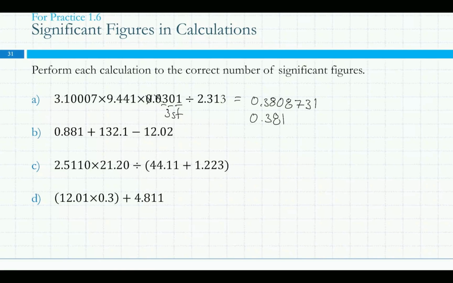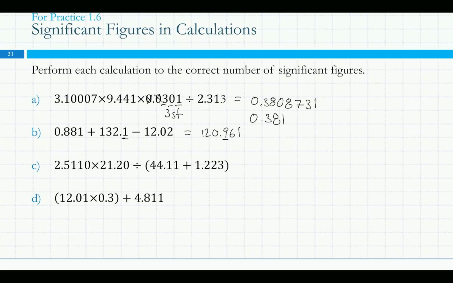I got 120.961. How many sig figs should my final answer be? We keep the fewest number of decimals. The fewest number of decimals is 1. This is 1 decimal, so that will be my last sig fig.